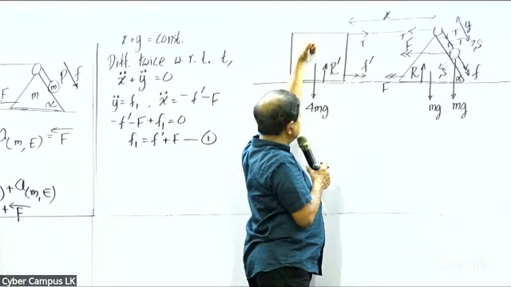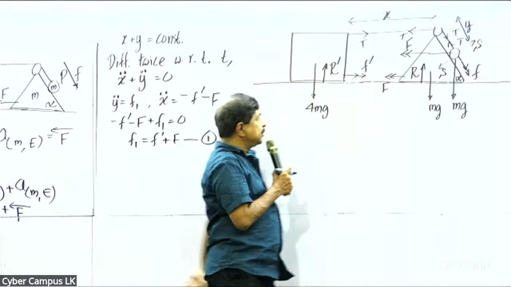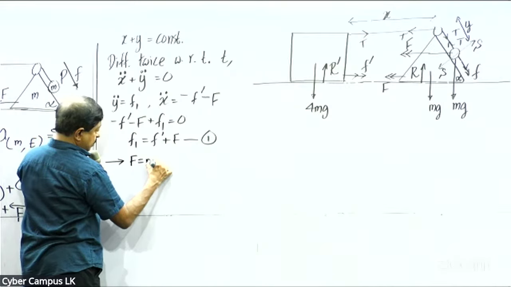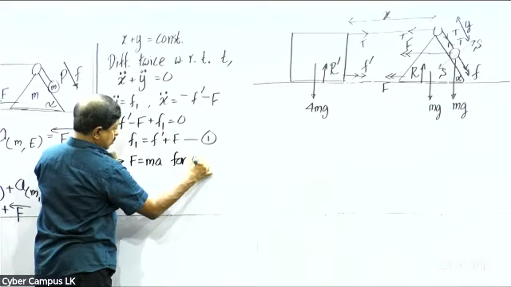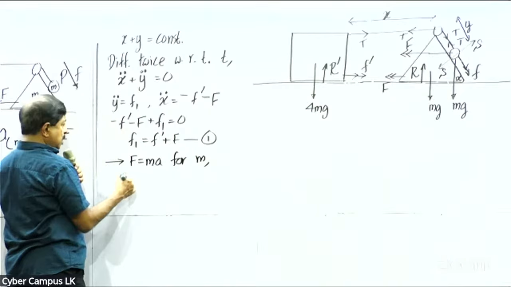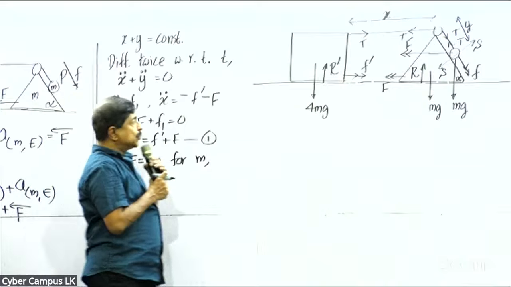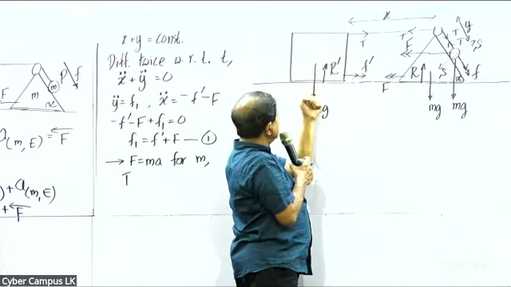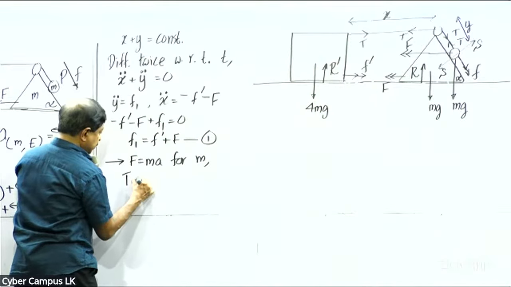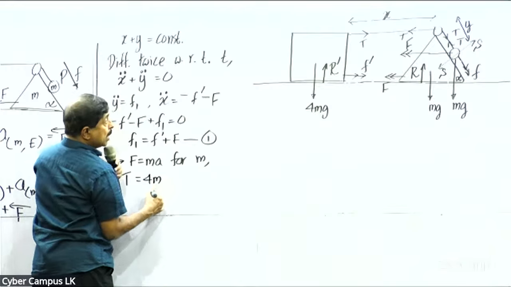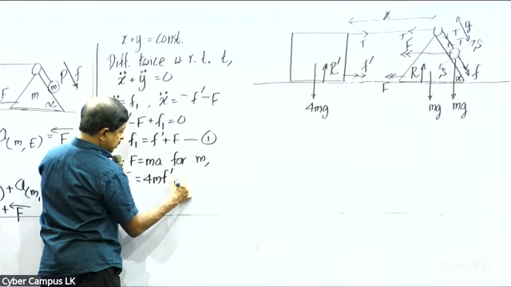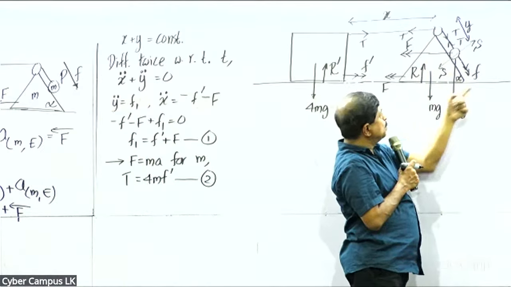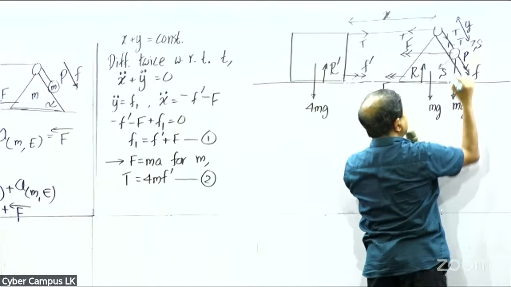Now if you apply the equation in this direction, for m, you have T, that's the only force because these are in the perpendicular direction of the application. For m, the mass is m and the acceleration is F dash. I take this as 2. Now I can apply another equation to P. This is mass m.